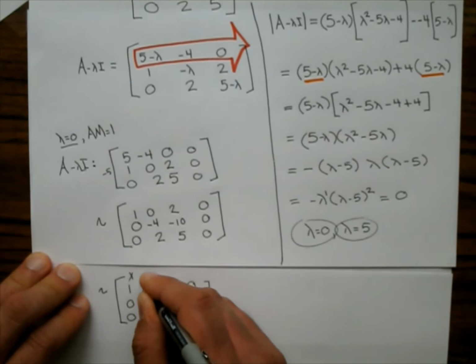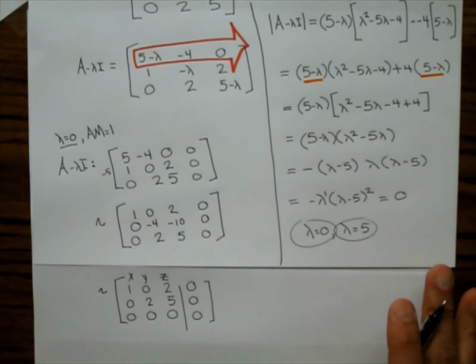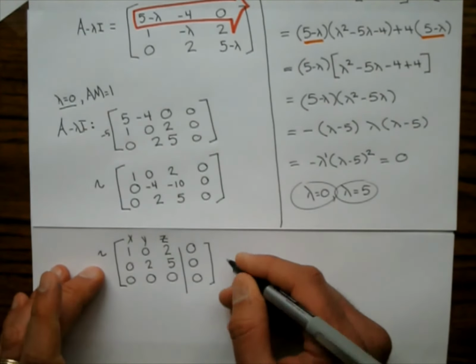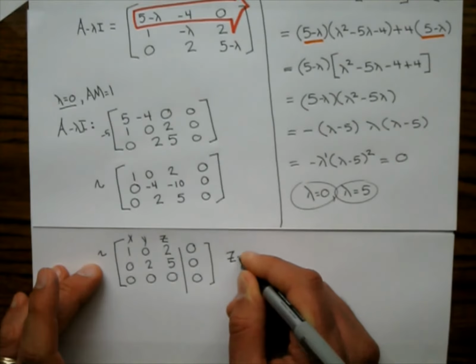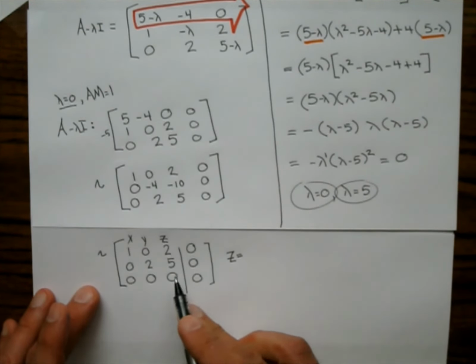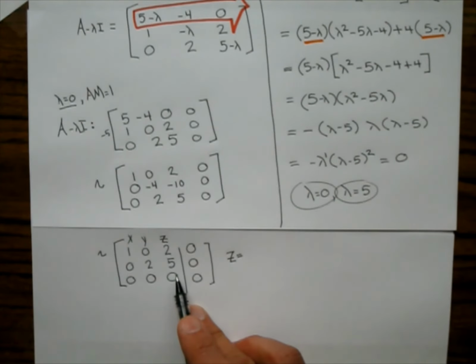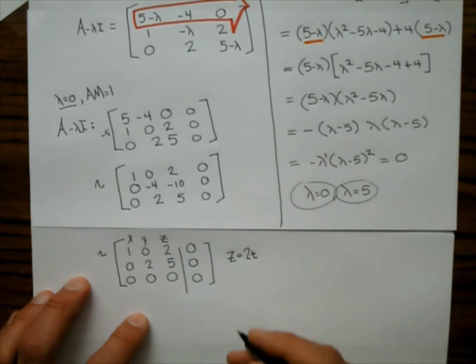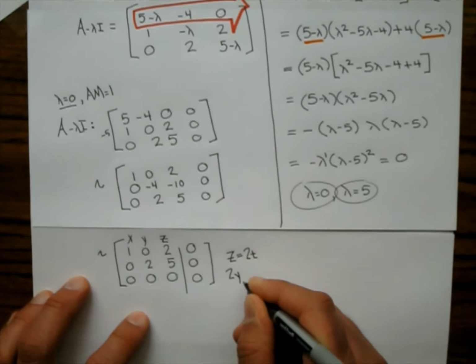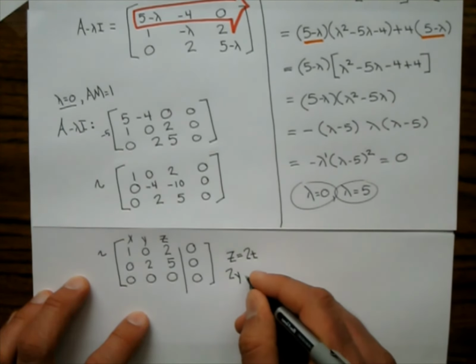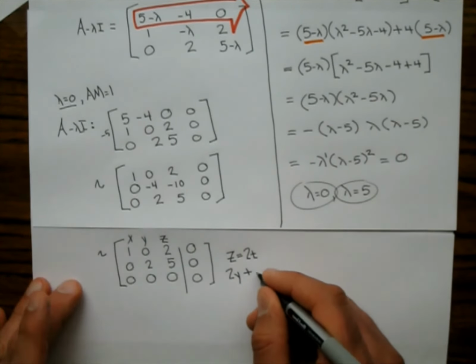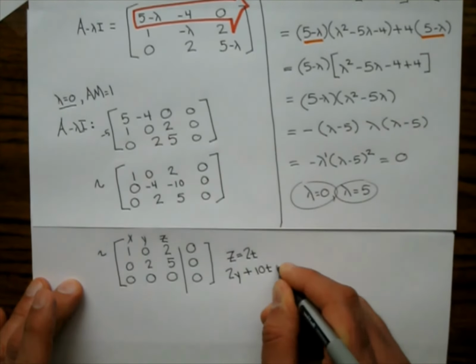So here is x, y, z. Z is free, so I have z equaling t. I'm going to do something a little courageous here, and I'm going to let z equal 2t. Why? Because the second equation is going to say 2y plus 5 times z, so that's going to be 10t equals 0.